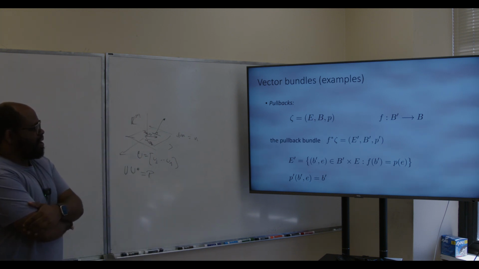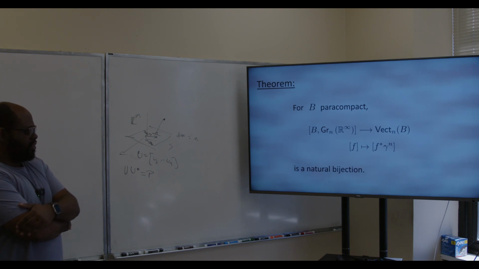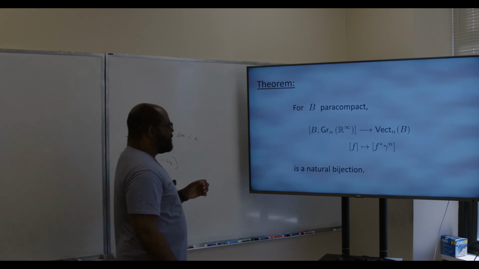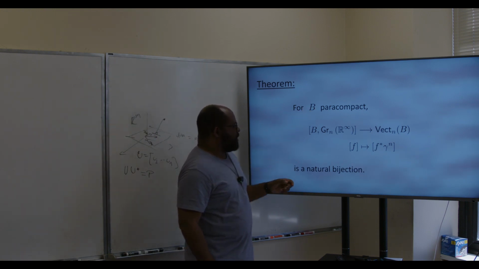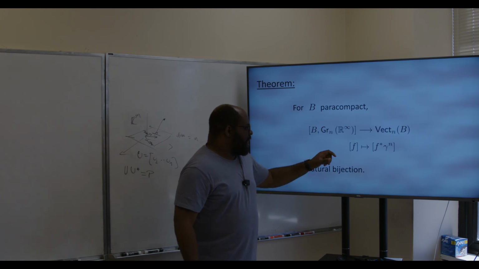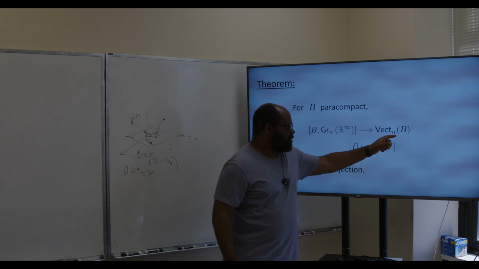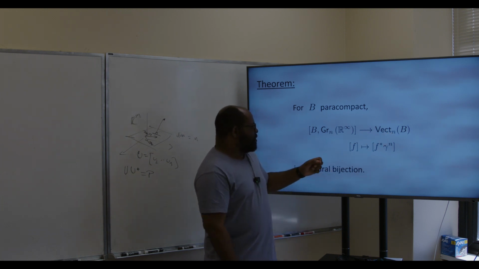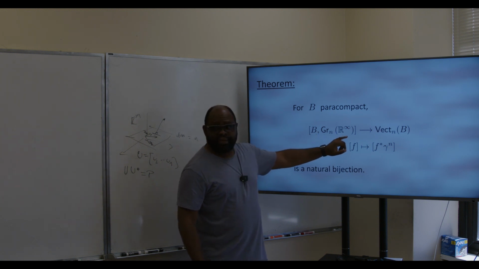Okay, so after these examples and constructions, we come to this fantastic theorem. If you start with a compact or paracompact topological space B, then the isomorphism classes of vector bundles over B of dimension n are in one-to-one correspondence with homotopy classes of maps to the Grassmannian.